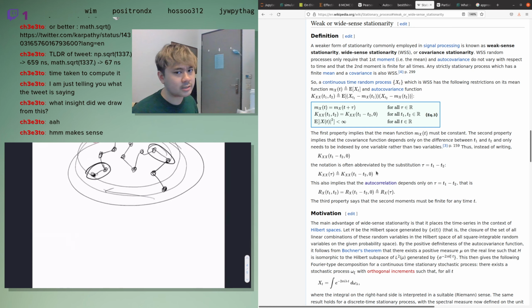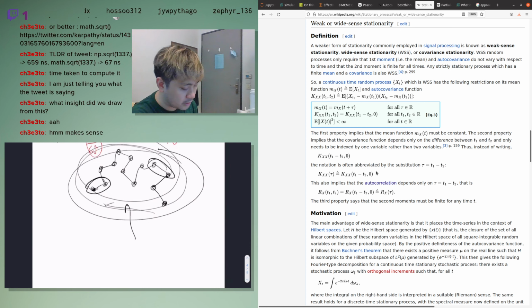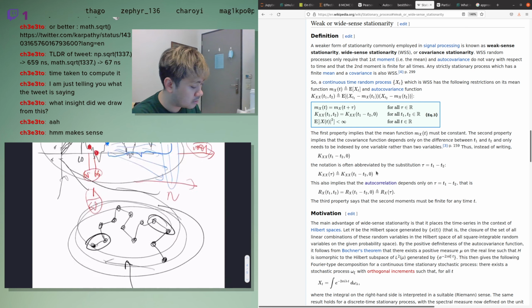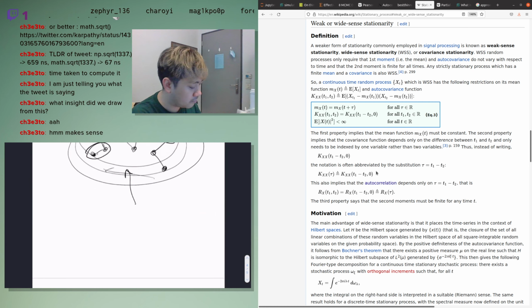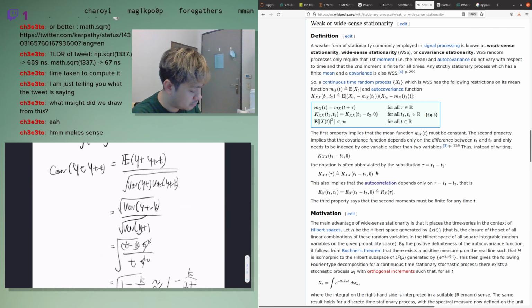I think that's how I understand it. Which means that if I repeat the derivation for this one, I expect to get a constant expectation, a constant correlation, right?